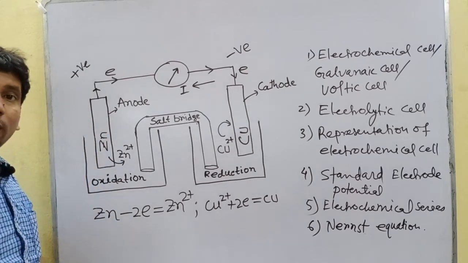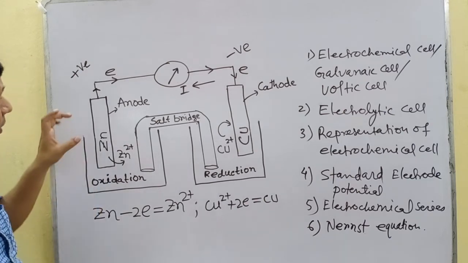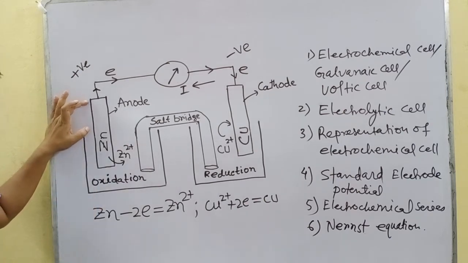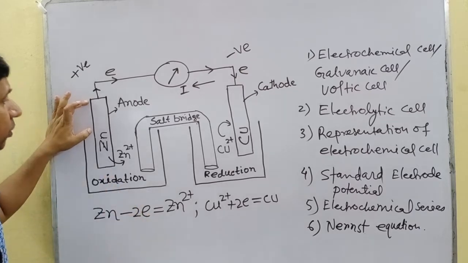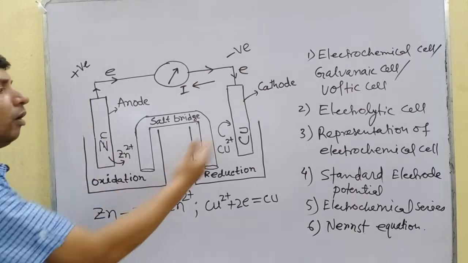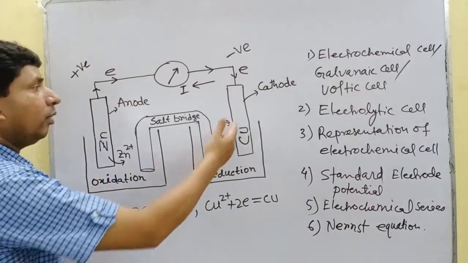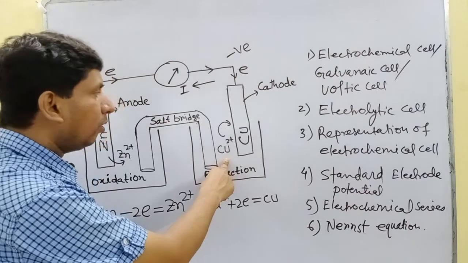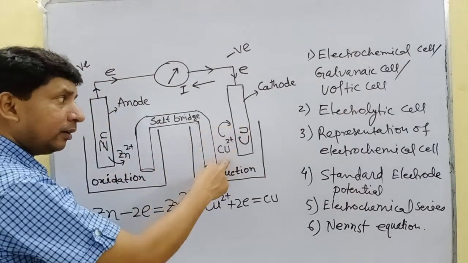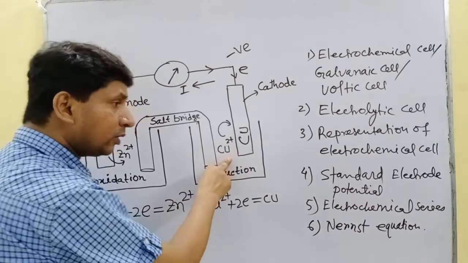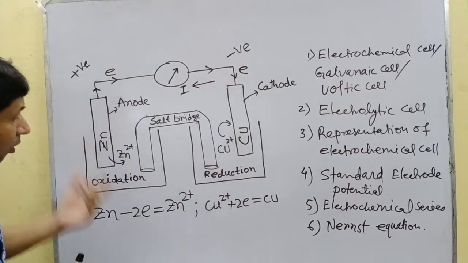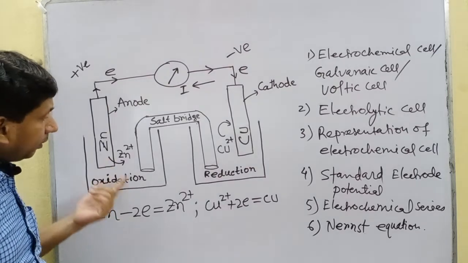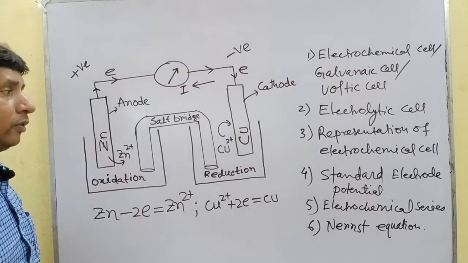Electrode potential is the tendency of a metal or non-metal when it comes into contact with its ionic solution. It may donate electrons or it may accept electrons.